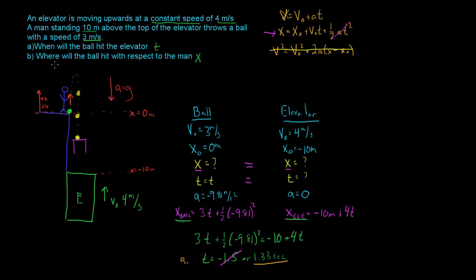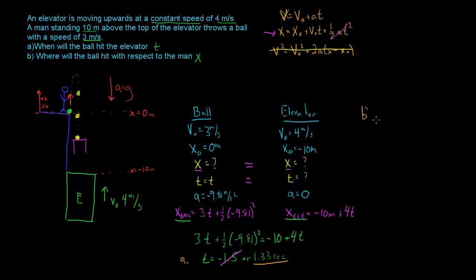Now, part B: where will the ball hit with respect to the man? We can take how long the ball is in the air, and we can plug it into either one of these equations and figure out the location of the ball or the location of the elevator. Both equations will give the same value.